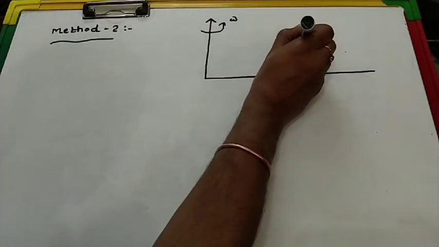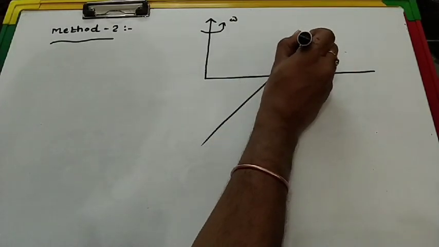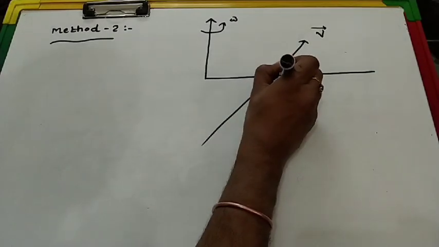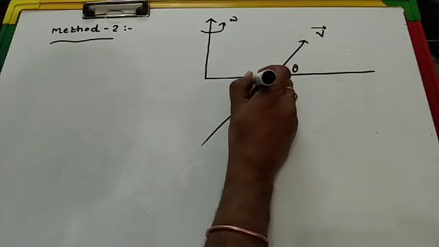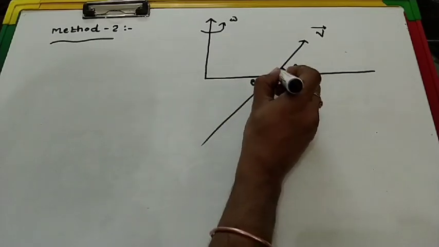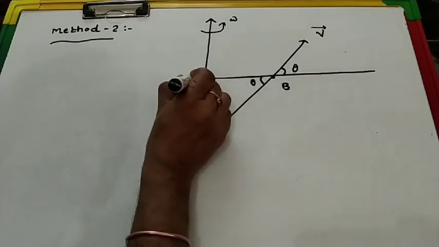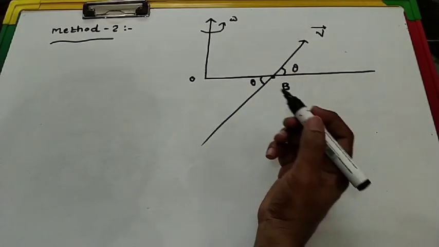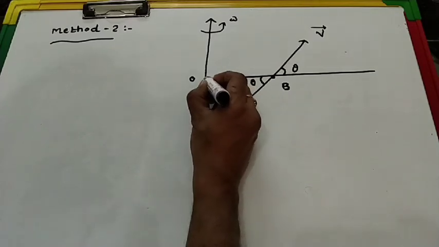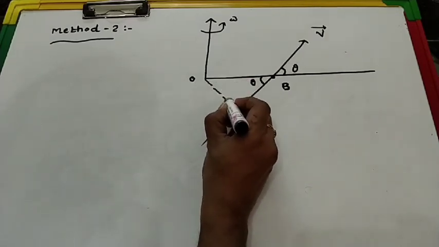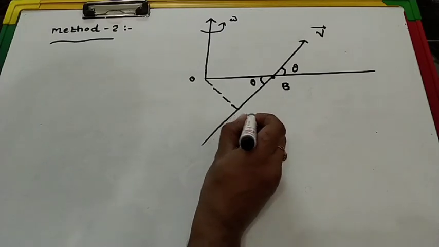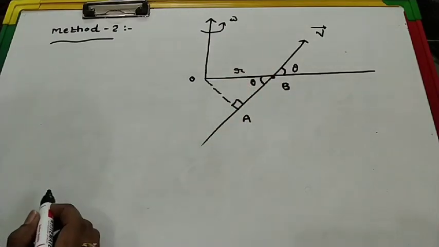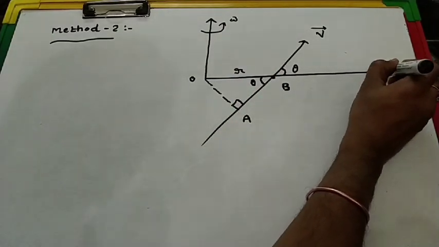Take a velocity vector that makes an angle theta with the x-axis. Consider the point B. The point is O. Now, both are vertically opposite angles. Now I draw a perpendicular here. The point is A. Here the angle is 90 degrees. Consider it is R. This is the x-axis. This is the y-axis.